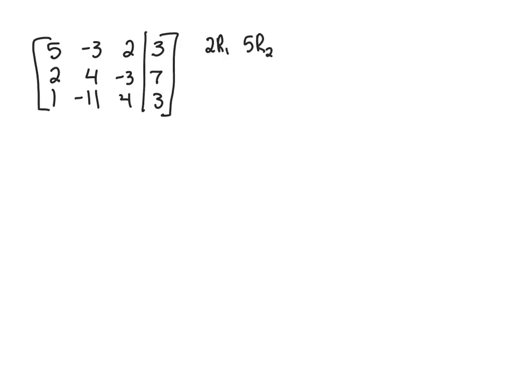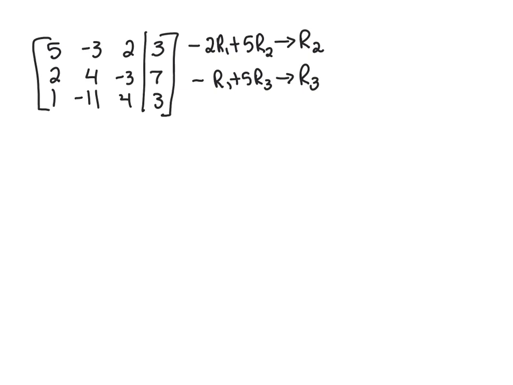I want one of them to be negative. I don't like to think about subtraction. You can put the minus where you want. You'll get the opposite, but that doesn't really matter. I'm going to use this to replace row 2. Then I'm going to use row 1 and row 3. So row 1 and 5 row 3's, a minus and a plus to get the signs opposite, replace row 3.